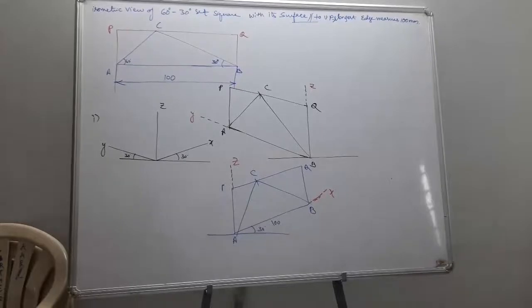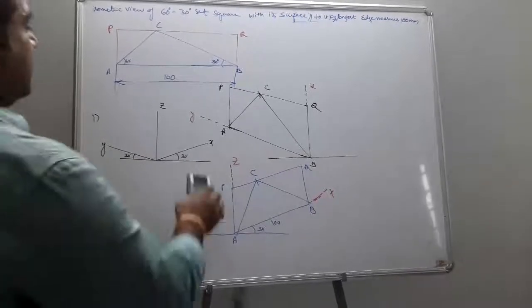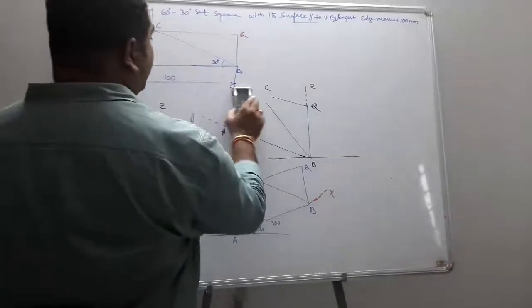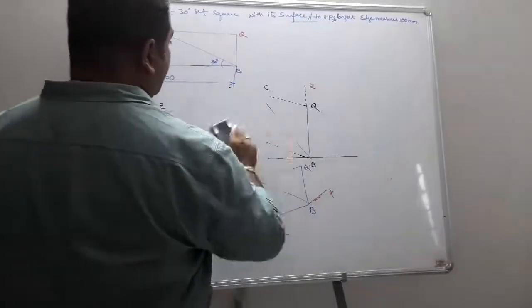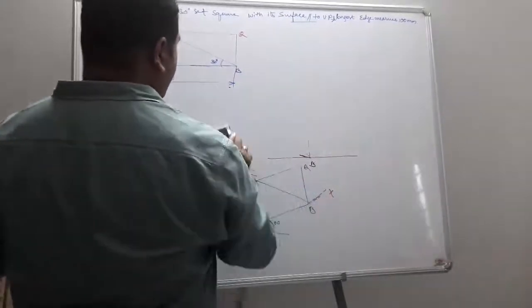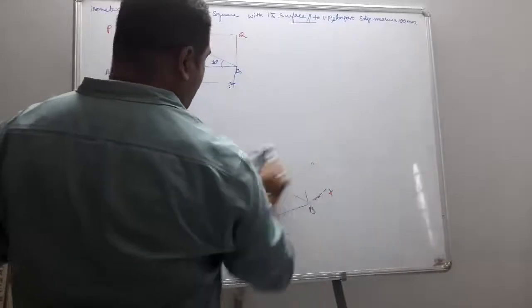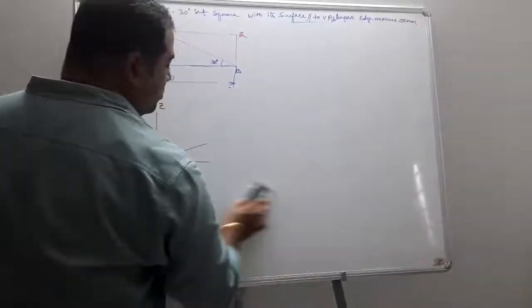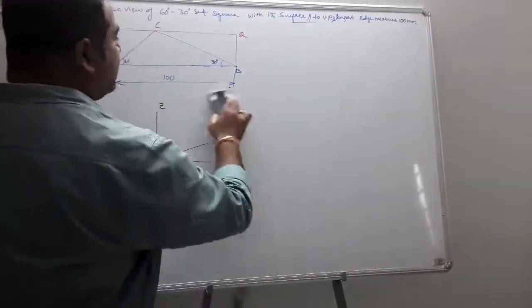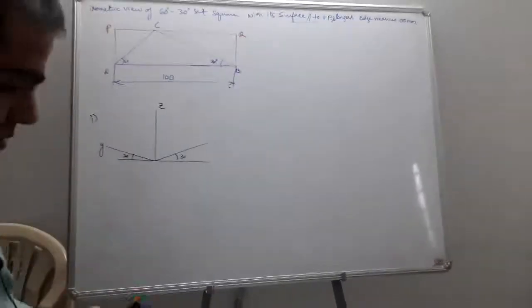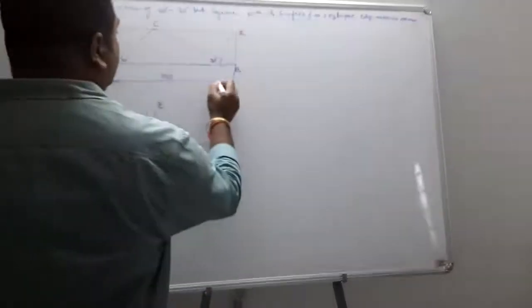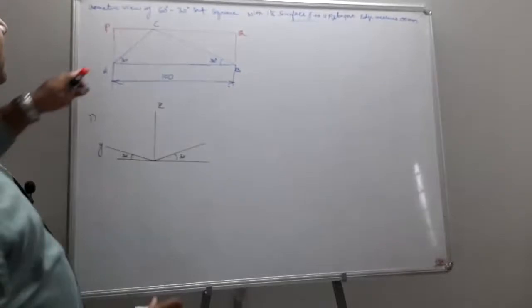Students, why somewhat didn't understand the problem? Let us see. I had to construct my problem in such a way that I construct this triangle on the vertical plane.